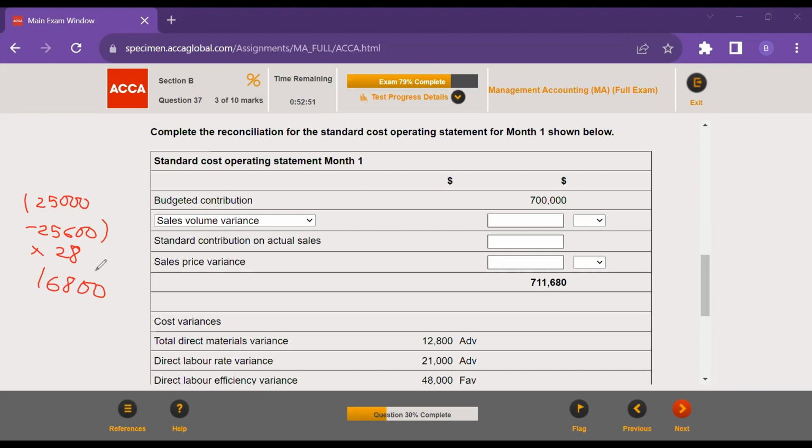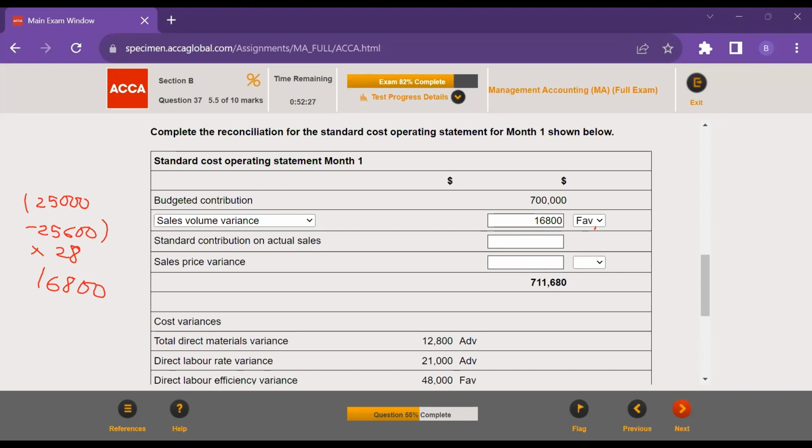Because your actual sales were more than the budgeted sales. So I will select favorable over here, and then I will enter my answer, which is 16800. Right. So with this, I move on to the next one.